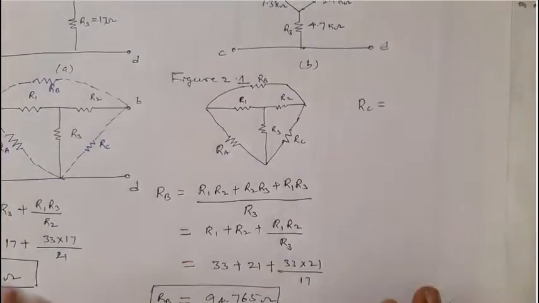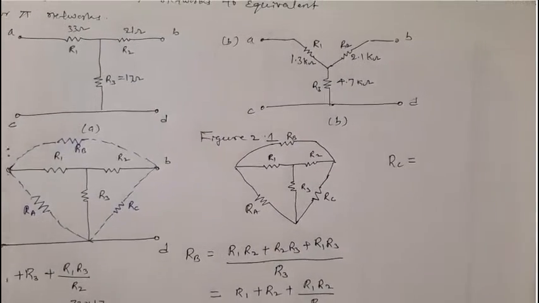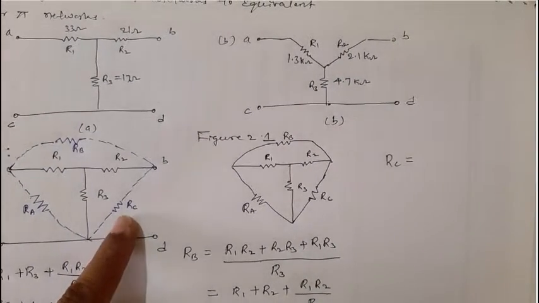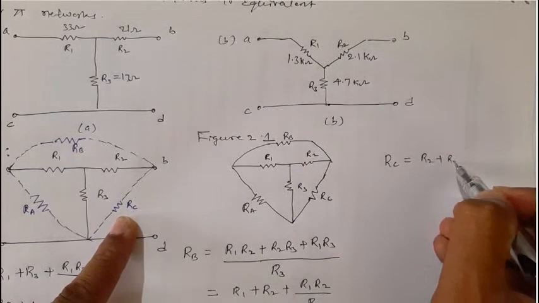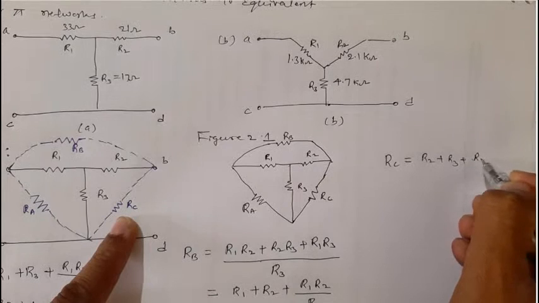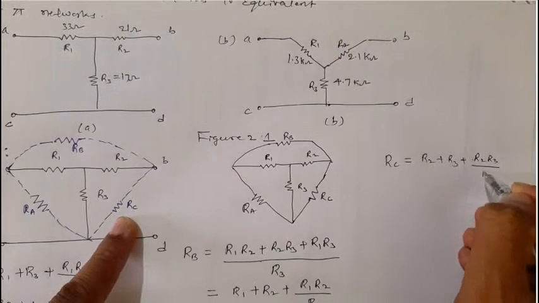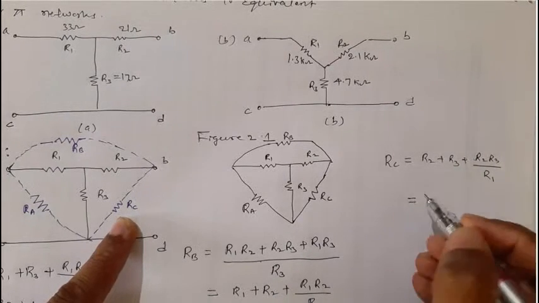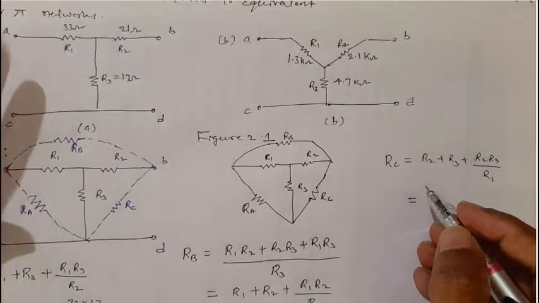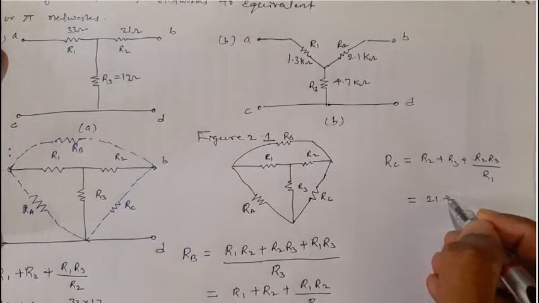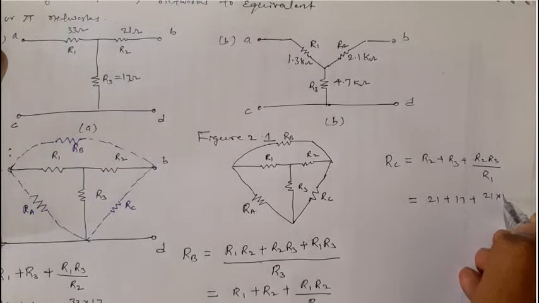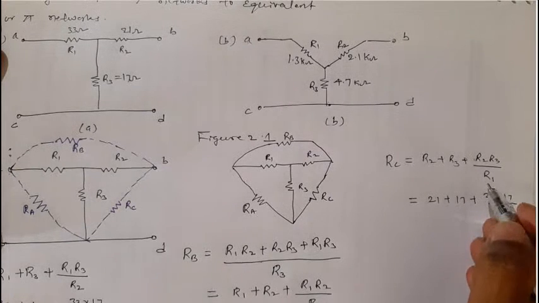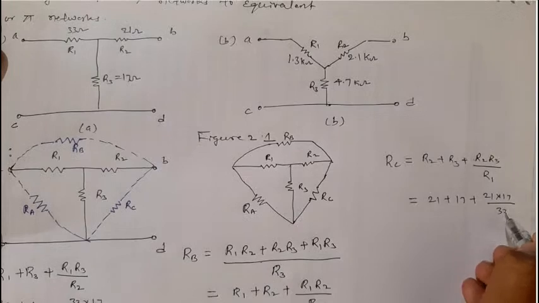RC is equal to, now if you see this, the two resistors connected to it are R2 plus R3 plus R2 R3 divided by the resistance which is not connected, R1. R2 is 21 plus R3 is 17 plus 21 into 17 divided by the resistance which is not connected, 33, right?